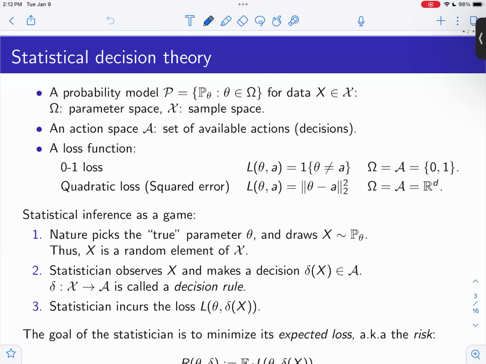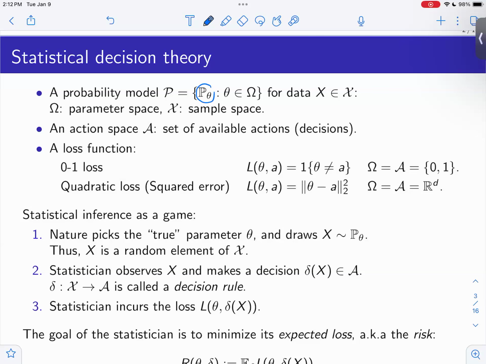Statistical decision theory has a bunch of ingredients. Let's say the first main component is a probability model, which is a collection or a family of probability distributions indexed by some parameter theta.